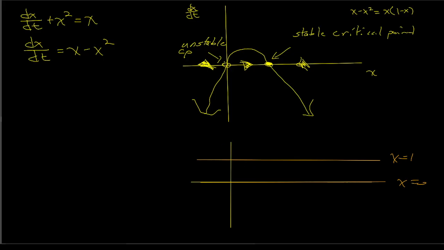Then your function is going to tend to come down towards x equals 1 asymptotically. It's going to be pushed away from x equals 0 and up to x equals 1 asymptotically. And so we're going to have solutions like this.